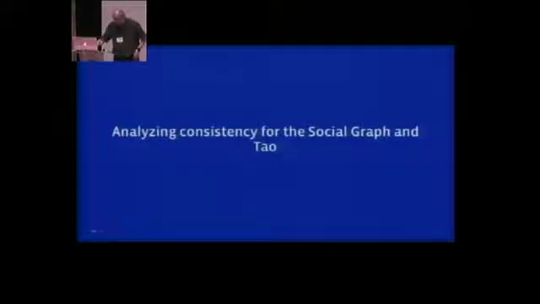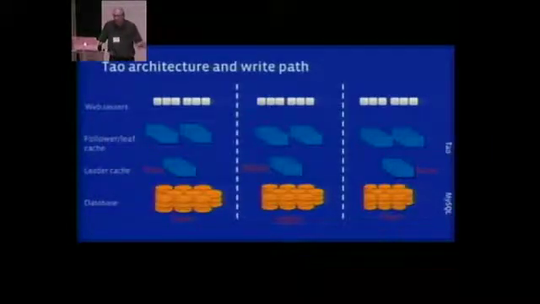Okay, let's try to analyze the consistency of the social graph and this caching layer, TAO. For that, I want to show you how the architecture inside looks before we can argue about the consistency. Think about 3 regions.